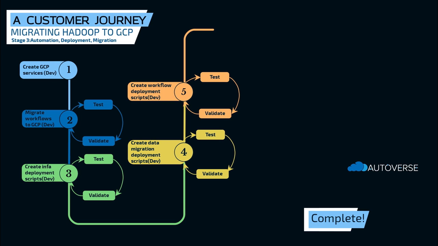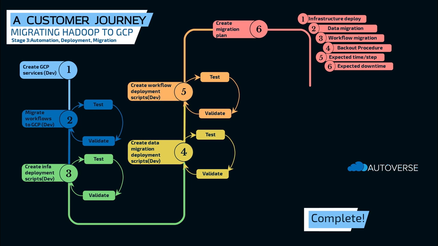So once we have created our services, our workflows, and all of our automation scripts, it's time to create your migration plan. And the plan is going to include all the steps that you're going to have to take in order to do this from scratch in a fresh new environment.